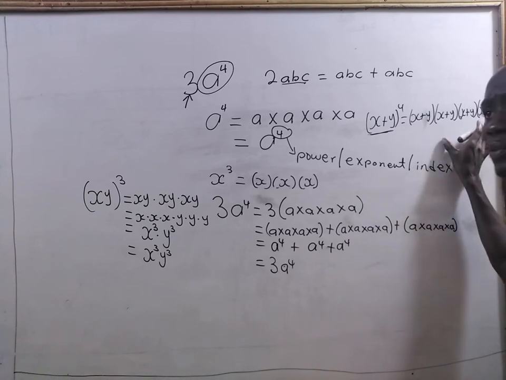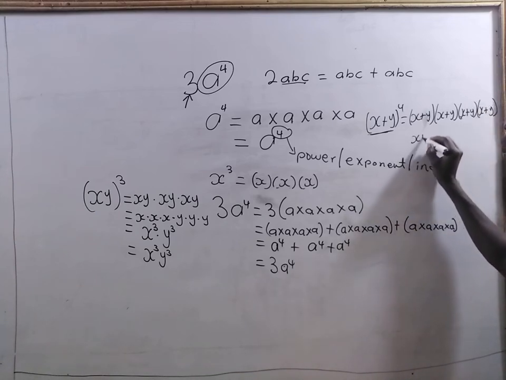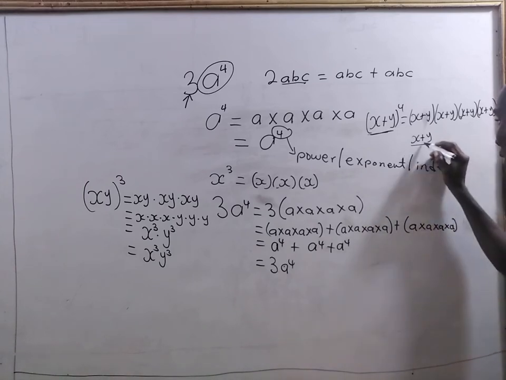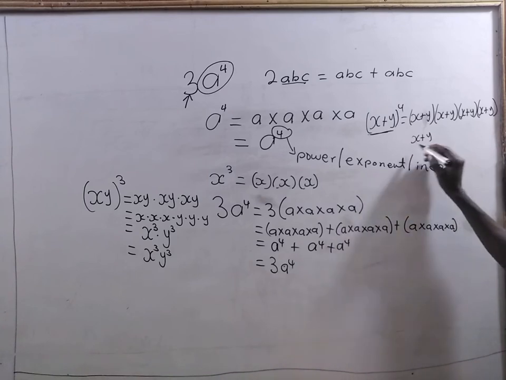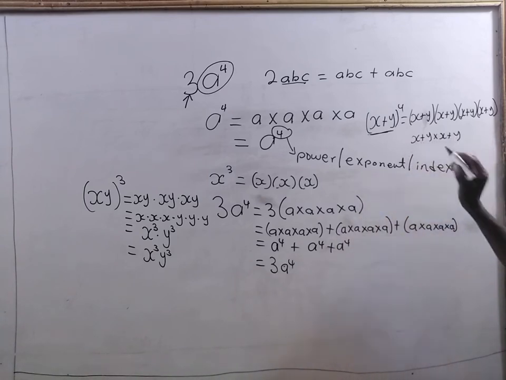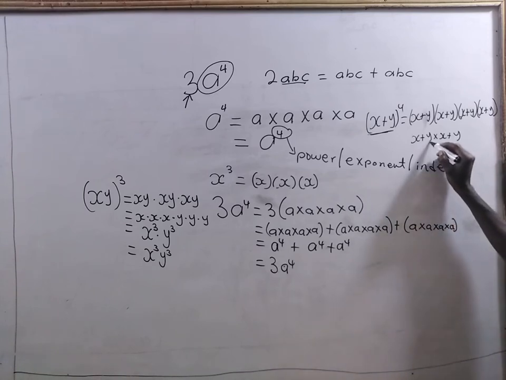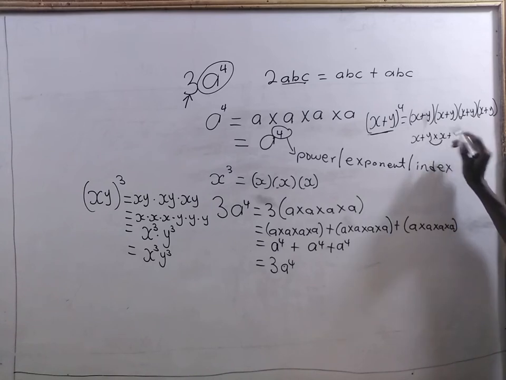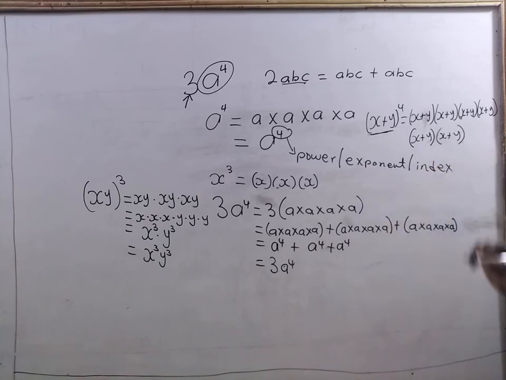I'm using the brackets here because x plus y is a compound expression because of the addition sign. So if you just write x plus y times x plus y, this means that this y is multiplying this x. So you should put this in brackets and then put this in brackets. Very, very simple as that.